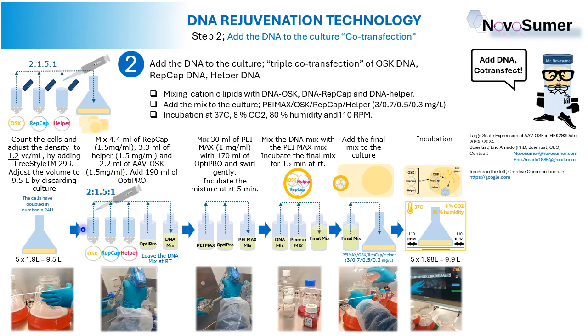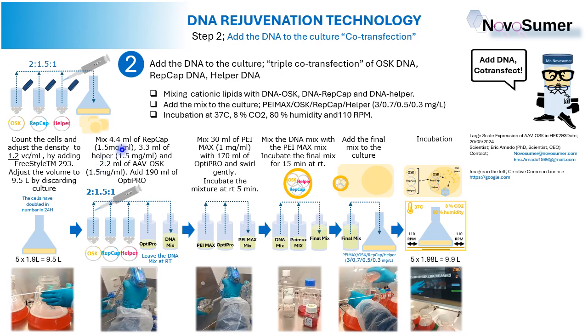So we mix the three DNAs together, and we add OptiPro. OptiPro is just for diluting. It's an agent in which the DNA is comfortable and in which the cells are comfortable. So we mix the four things together.